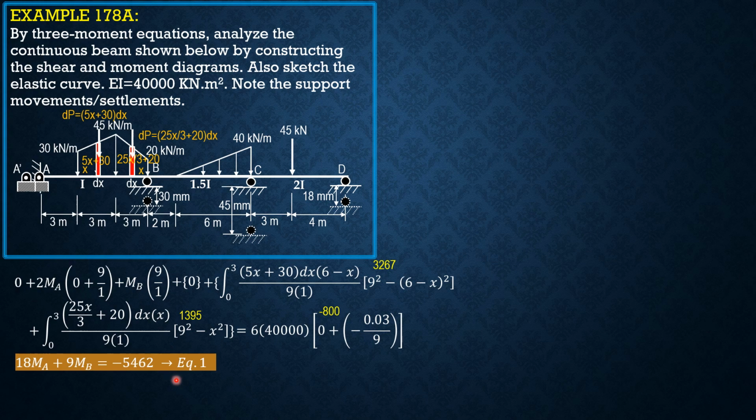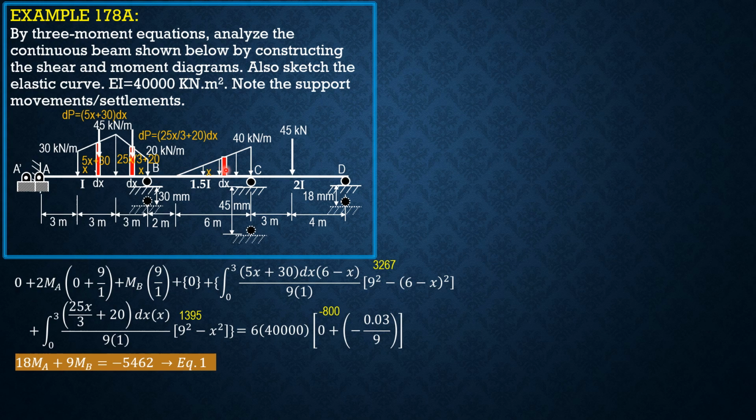Call that equation 1. We then apply three moment equations in A, B, C. So moment at A times, in preparation for the value of 6 area 2B over L2, let's have that strip, let's call that X. So therefore, W as to X equals 40 as to 6.